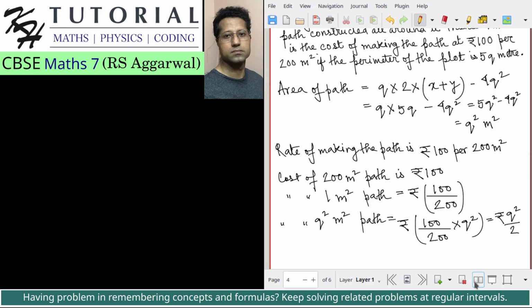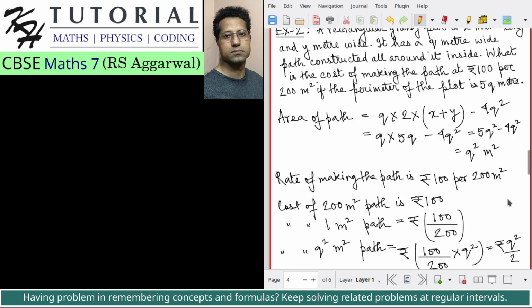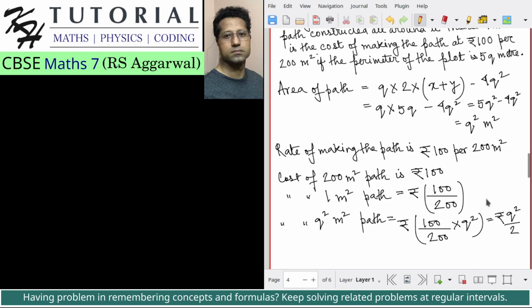So rupees q square by 2 will be the cost of making the path. So the area of the path is q square meter square, and the rate of cost of making the path was given to be rupees 100 per 200 meter square. So we applied a unitary method and we have found the cost of making the path of area q square meter square.